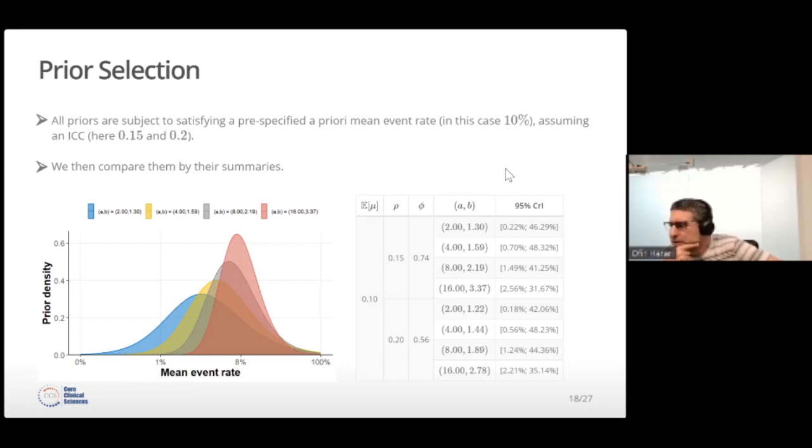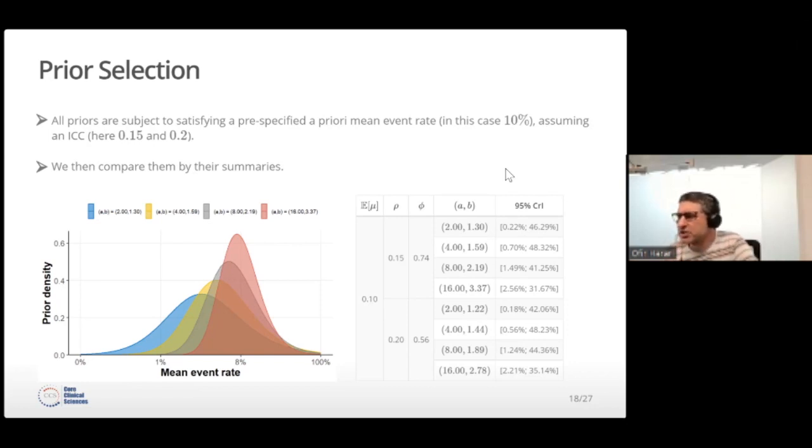And what I did here, for example, I calculated everything assuming an intra-cluster correlation coefficient. This is the raw parameter in the table of either 0.15 or 0.2. That's a pretty standard ICC in the global health setting.